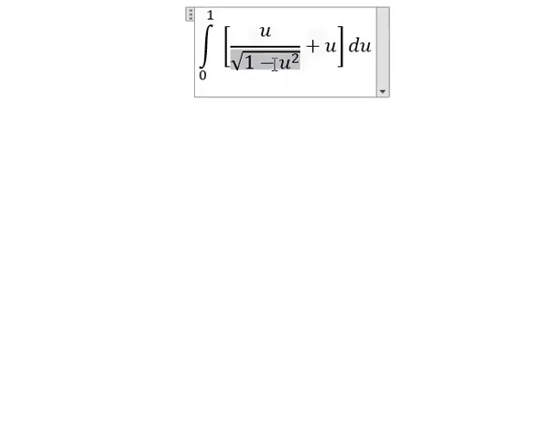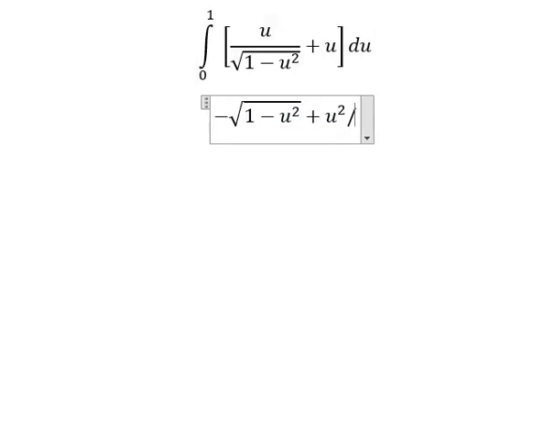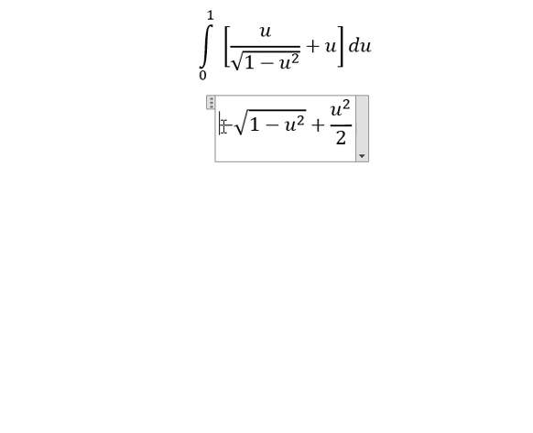The integration of this one, we have negative the square root of 1 minus u square. The integration of u, we have u square over number 2. So we can put the bounds from number 0 to number 1.